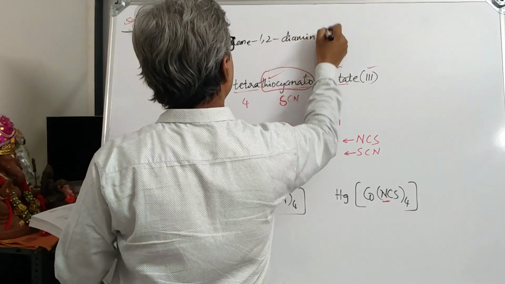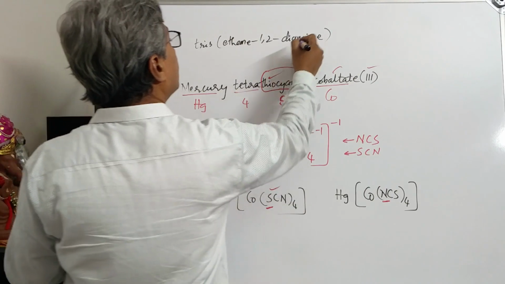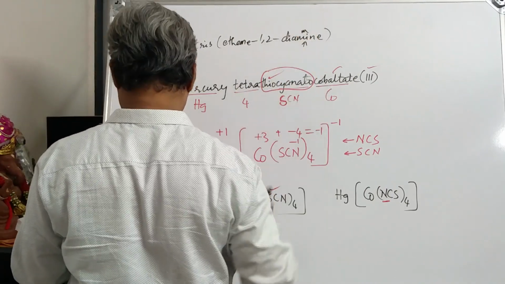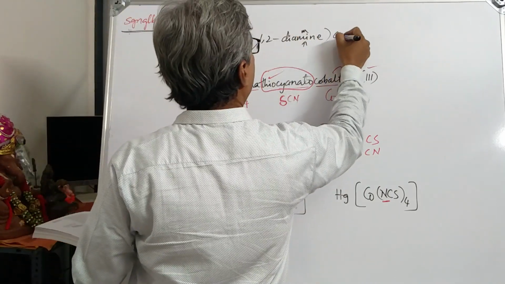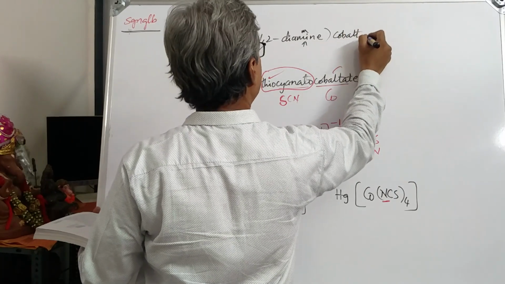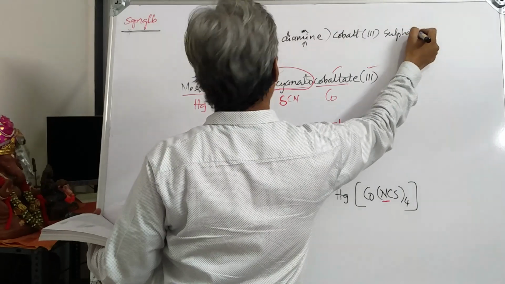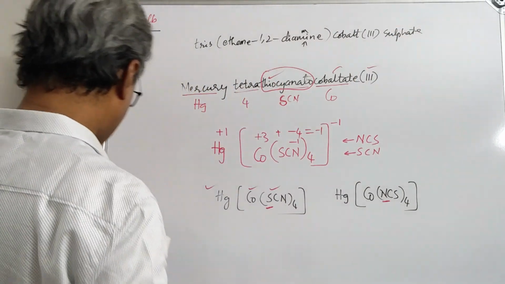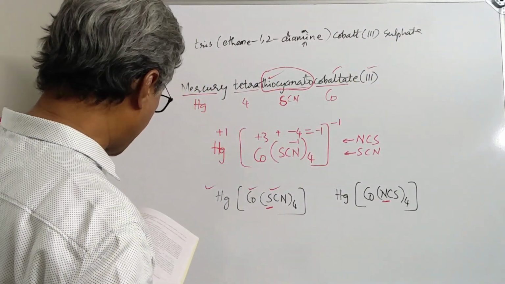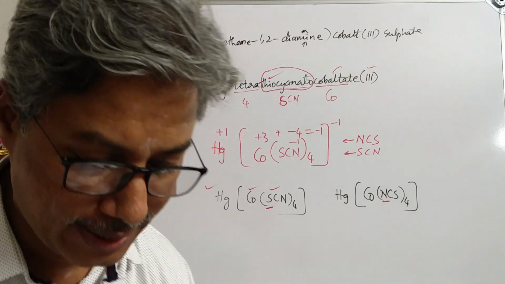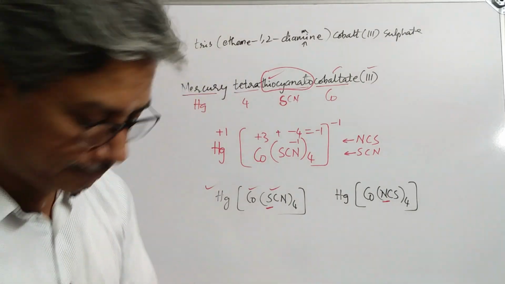Diamine, that is double M. Tris(ethane-1,2-diamine)cobalt(III) sulfate. Okay, that is right. Its formula now.